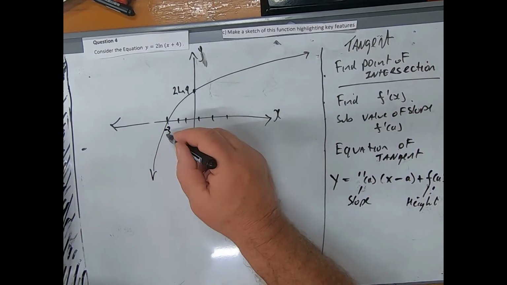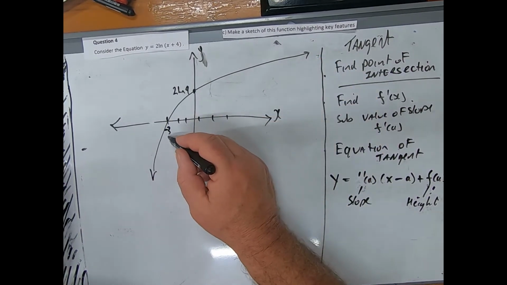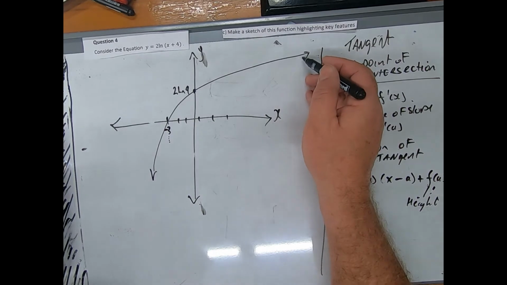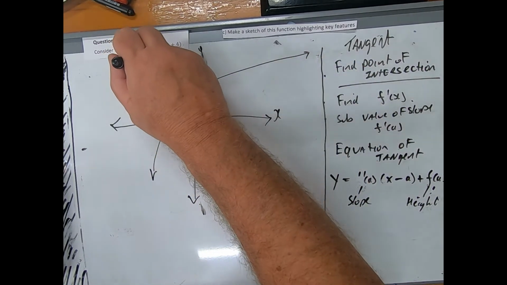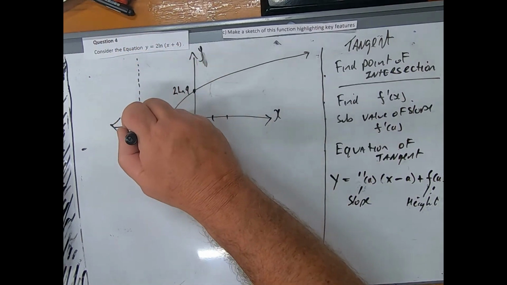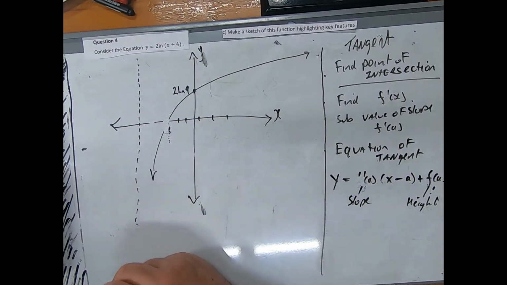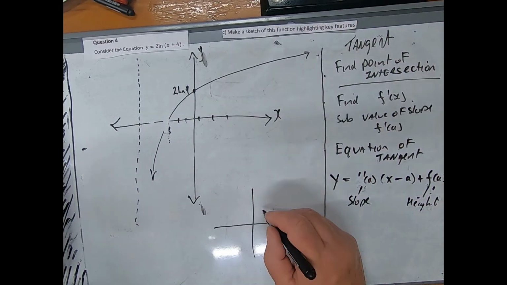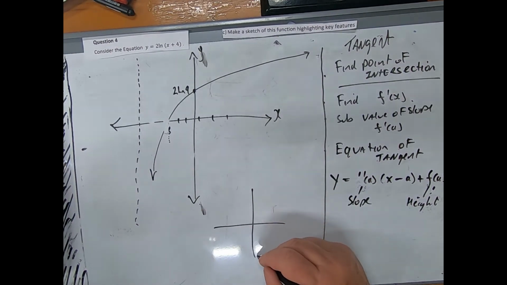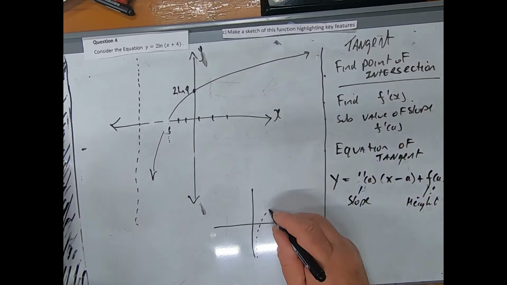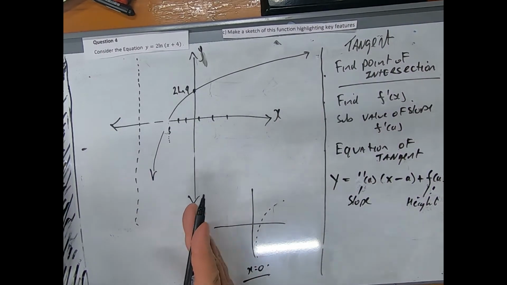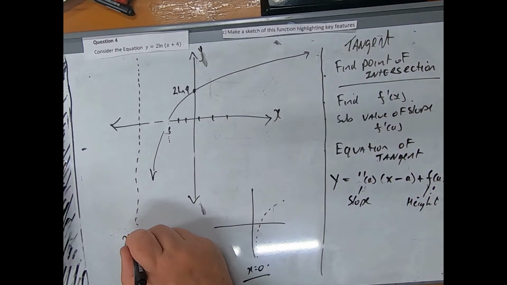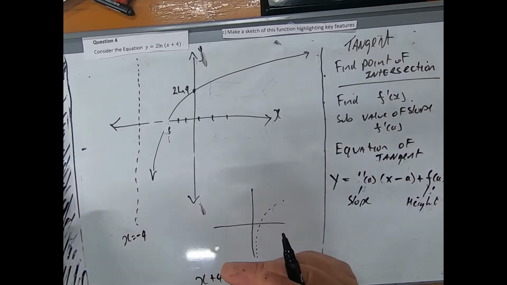The only two key features on this graph are the x-intercept and the y-intercept, and there is a vertical asymptote to the left. Normally, this vertical asymptote would be x equals 0, but this graph has x plus 4, so it's been shifted 4 to the side. So this vertical asymptote is x equals -4.